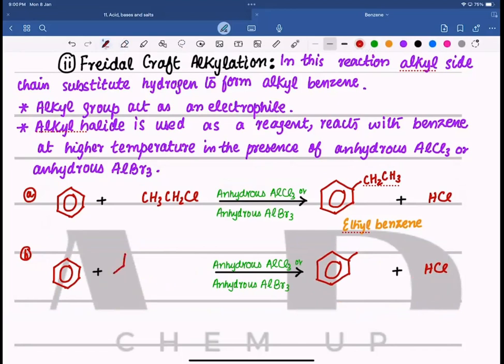We have this structure now, and here chlorine is bonded. So that chlorine goes the same way.